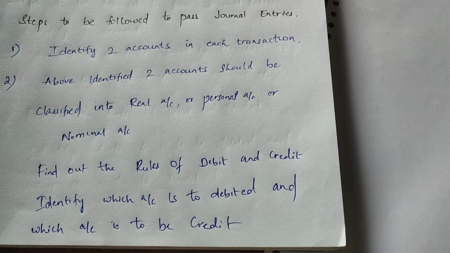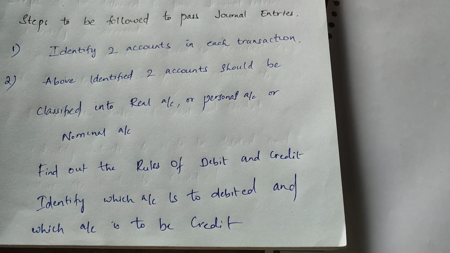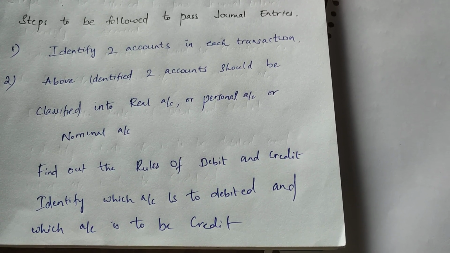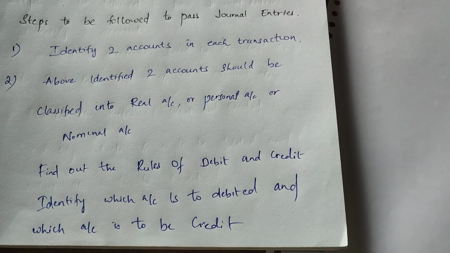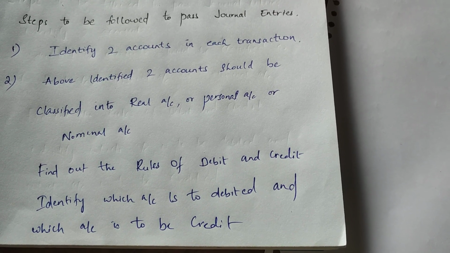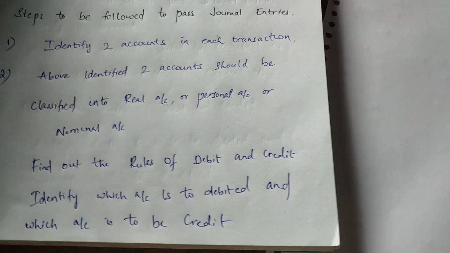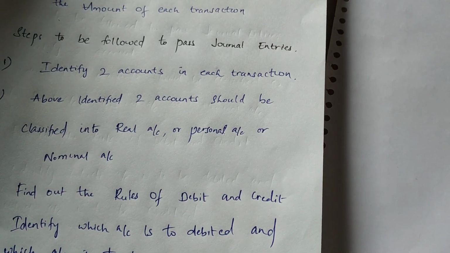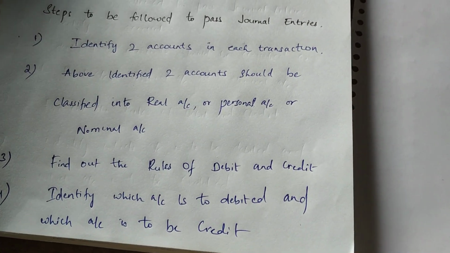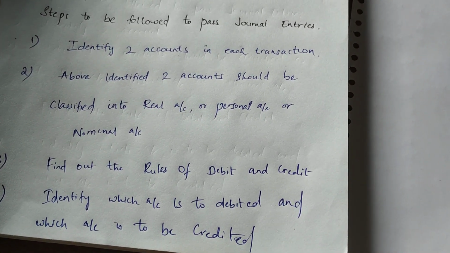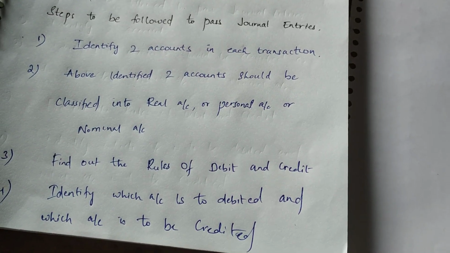After classifying, we have to find out the rules of debit and credit as per the golden rules. After that, we have to identify which account is to be debited and which account is to be credited. I hope you all understood up to these points.